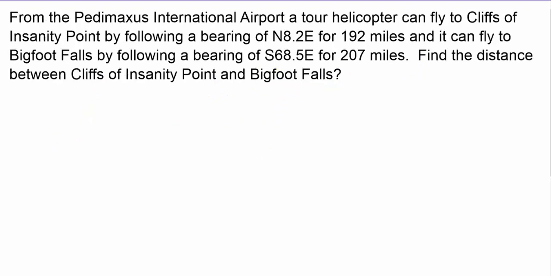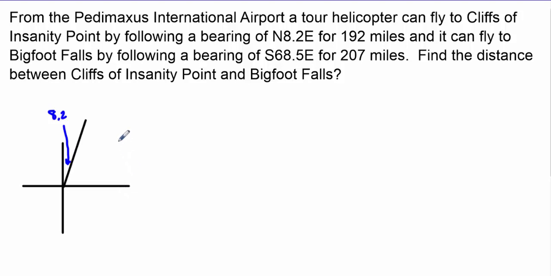In our next example, we want to go from the airport to the Cliffs of Insanity by following a bearing of north 8.2 east. So that's going to be roughly something like this. If here's my X and Y point to start with, then I start by going here, and I know this 8.2 is this angle right here.